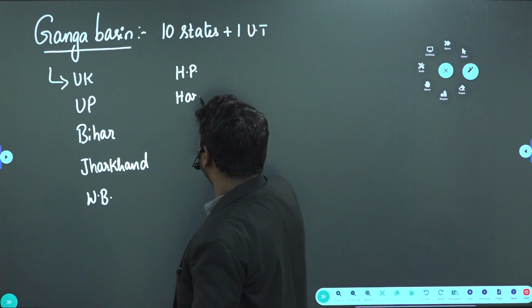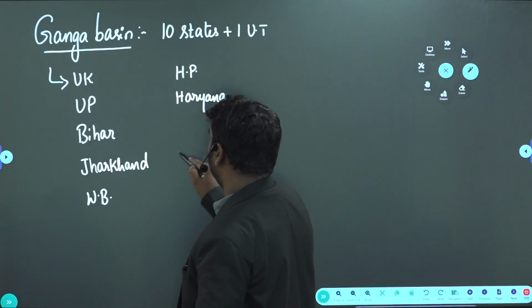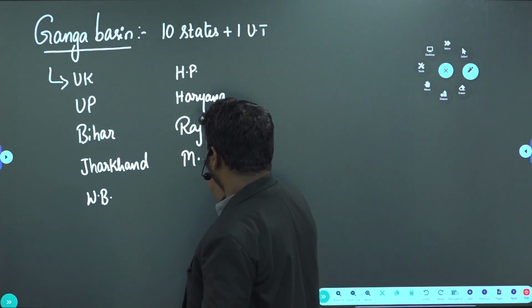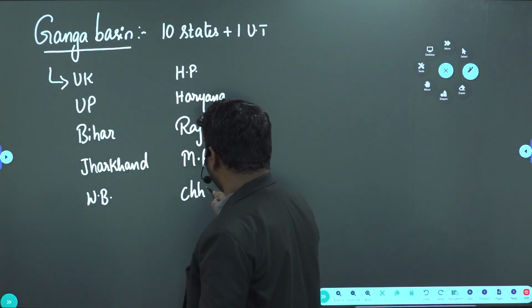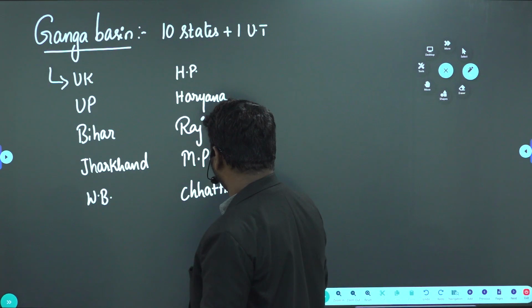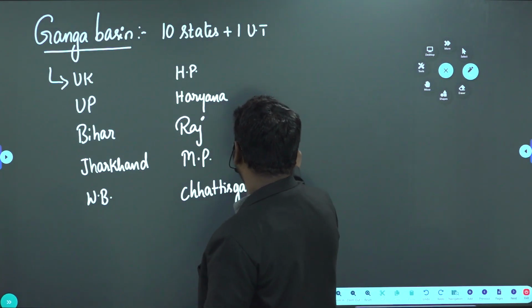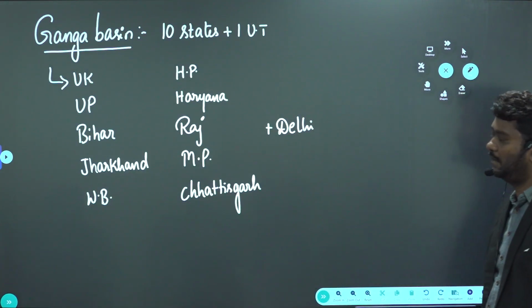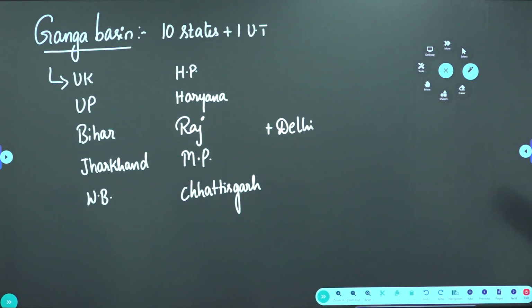Then Himachal Pradesh, Haryana, Rajasthan, Madhya Pradesh, Chhattisgarh, plus Delhi. Fine. Okay. Then this. Shall I?